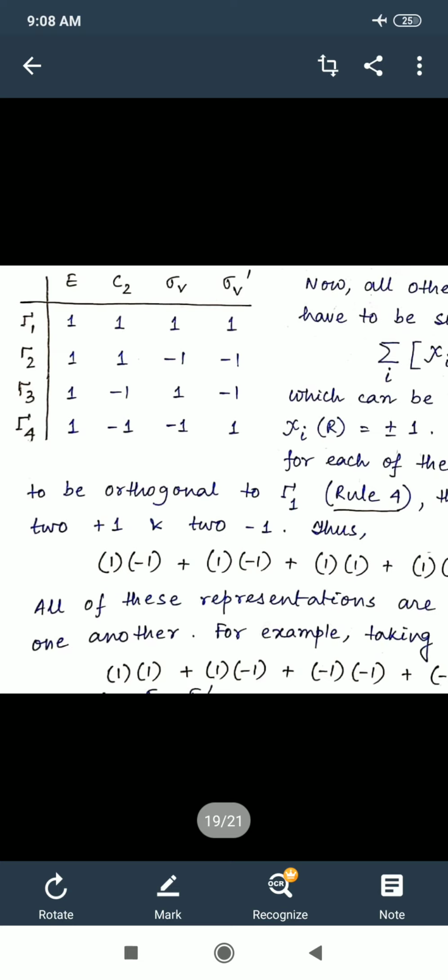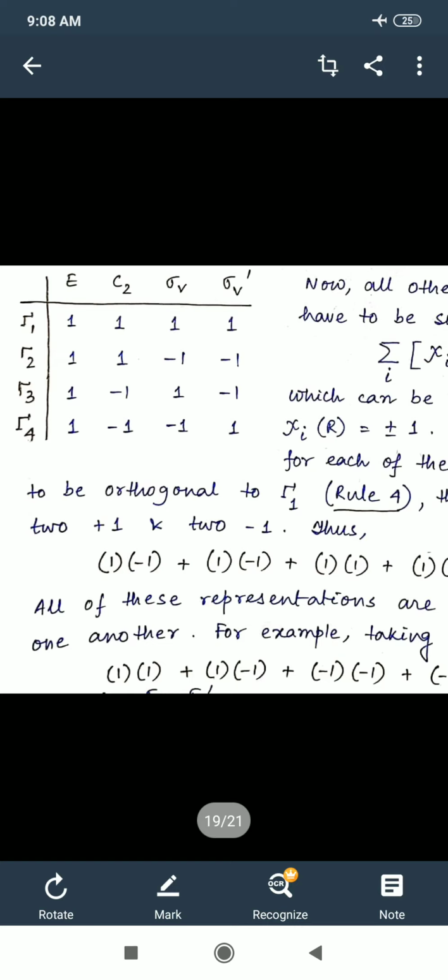You just check that at the top I have written for Bethe notation 1, all the values are 1. So on the left hand side 1 1 1 1 and at the top 1 1 1 1. So that is fixed. And the other things which we have written here should consist of plus minus 1. So suppose I am writing for Bethe notation 2, that is 1 1 minus 1 minus 1.